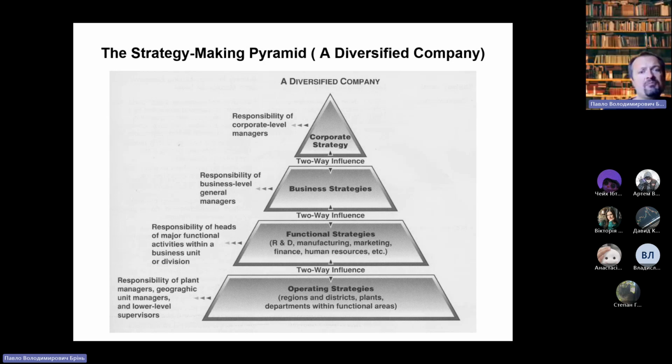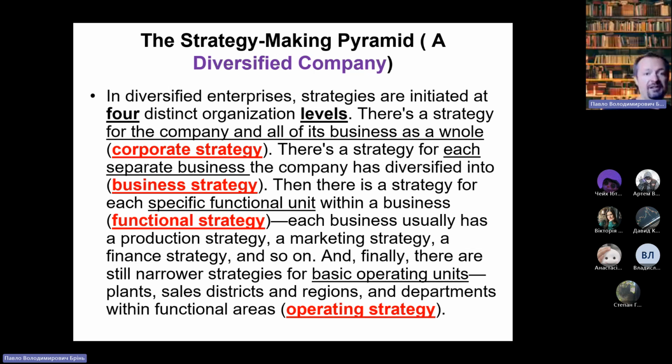So I would say that corporate strategy is like an umbrella to connect all the strategical business units, even if they have no connections regarding technologies, customers, raw materials, or anything. However, if it is one company, everything must be integrated somehow. So this is the main idea of a corporate strategy. And let's discuss it in details.